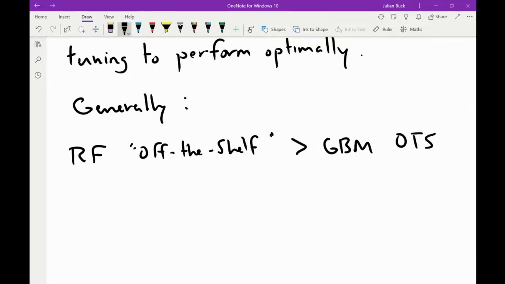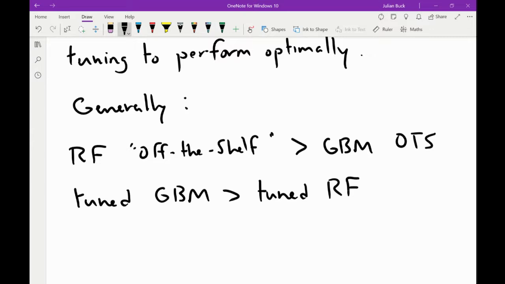I'll just abbreviate that OTS. Okay. But tuned gradient boosting machines tend to outperform tuned random forests. Just keep in mind, this is a general observation about how these algorithms work. It does not necessarily apply to every specific case.